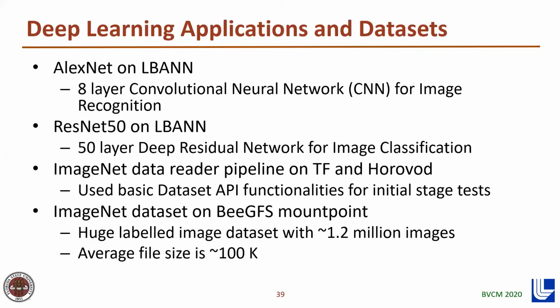About ResNet50, we already know this is a 50-layer deep residual network, and this is also used for image classification. Both AlexNet and ResNet50 were run on top of LBANN.